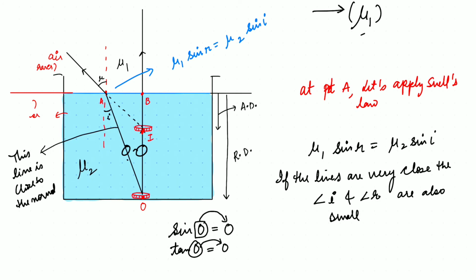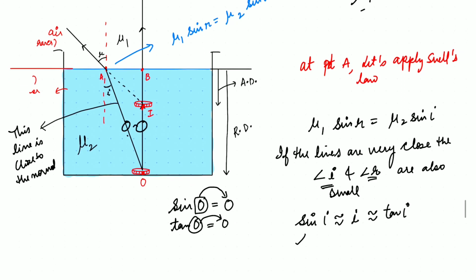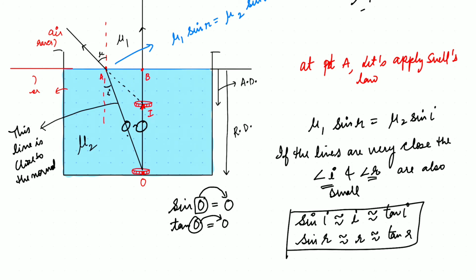So if the angles are small, the angle itself is the answer. So if it is written sine i, and the angle of incidence is small, it can be written as i or as tan i. Similarly, sine r can be written as r or tan r. Very important, right?